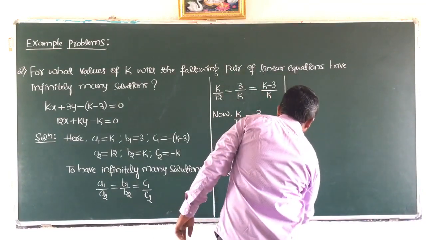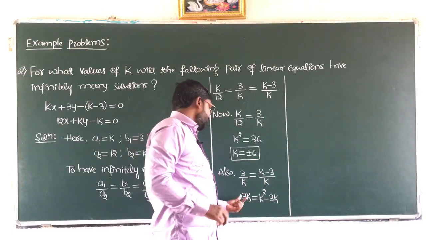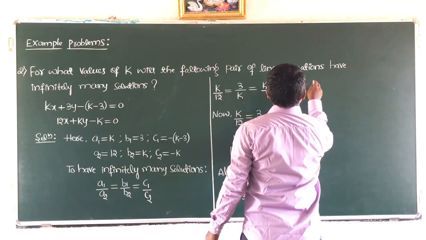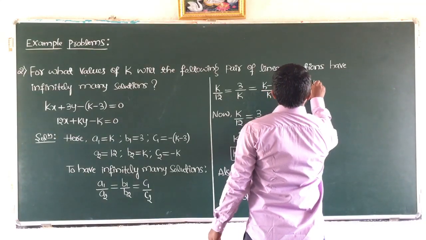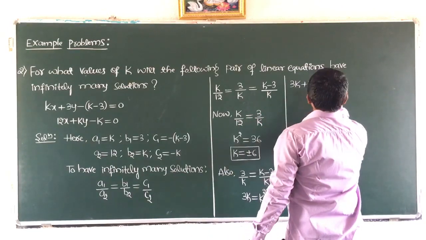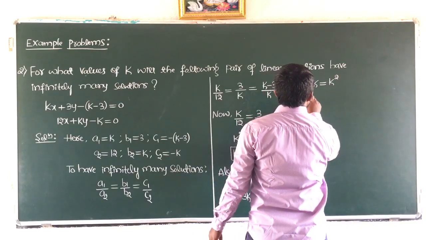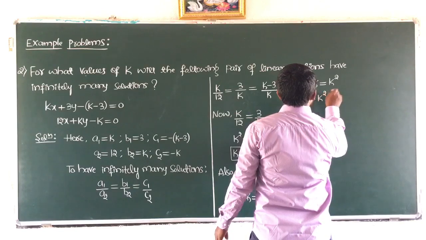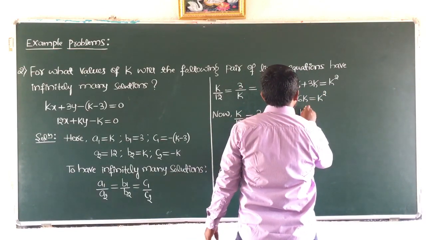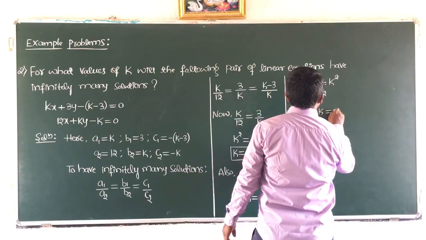So here let us simplify this now. Minus 3k I will take to the LHS, it becomes plus 3k. So 3k plus 3k is equal to k square, then 6k is equal to k square, or this can be written as k square minus 6k is equal to 0.